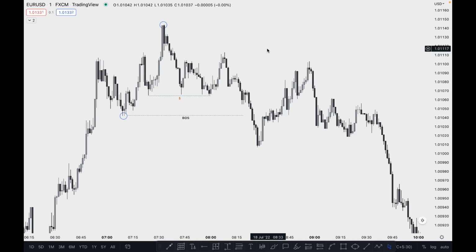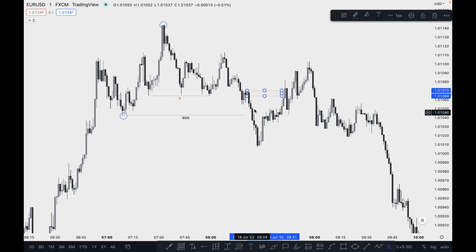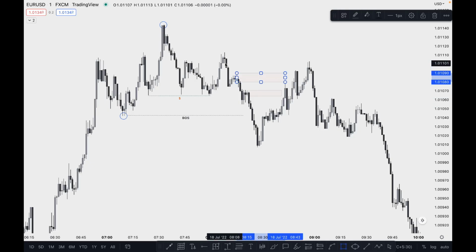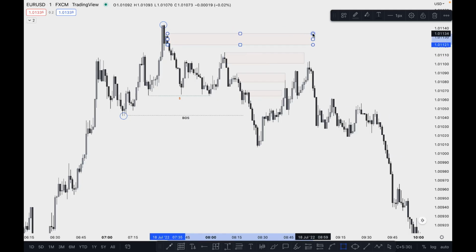So the main thing is to identify the order block, correct? The market broke the structure, then we are looking for the sell. After breaking this structure, you can see we have multiple order blocks here. First order block is here, the second order block is here, the third order block is here, and the fourth order block is here.